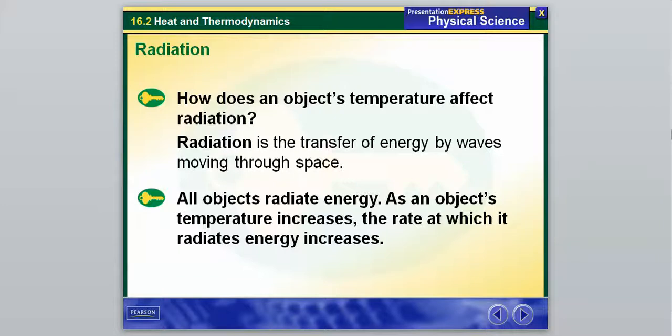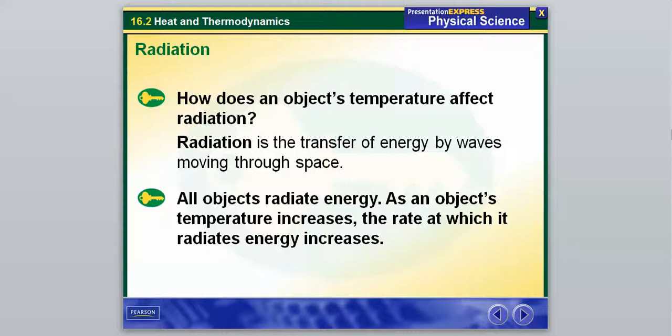Our last way is something that is known as radiation, and this is just the transfer of energy by waves moving through space. All objects are going to radiate energy, and as an object's temperature increases, the rate at which it radiates energy is going to increase as well.